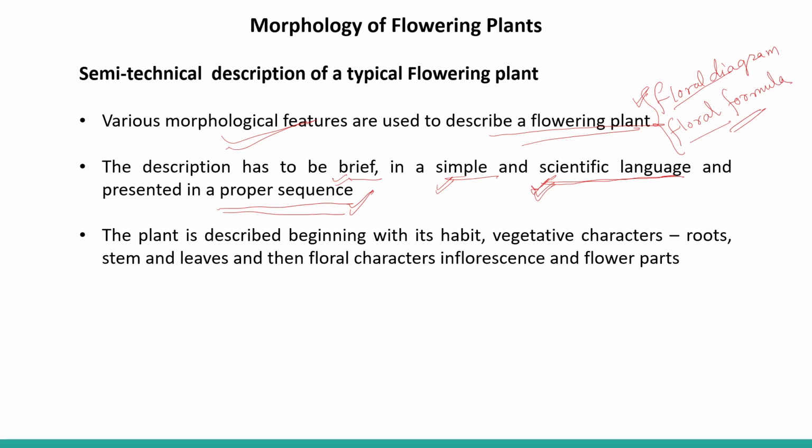The plant is described beginning with its habit, then vegetative characters like the description of the roots, the stem, and leaves, and then the floral characters: the inflorescence and the floral parts. So the description of the family is under the following heads: habit, vegetative characters, that includes the root, stem, leaves, and then the floral characters.